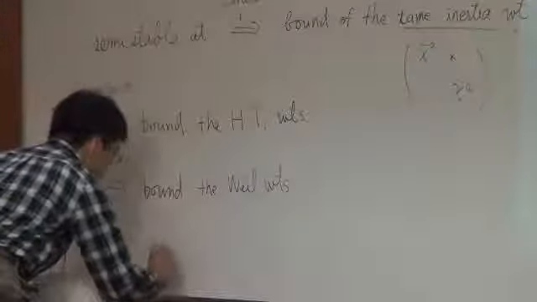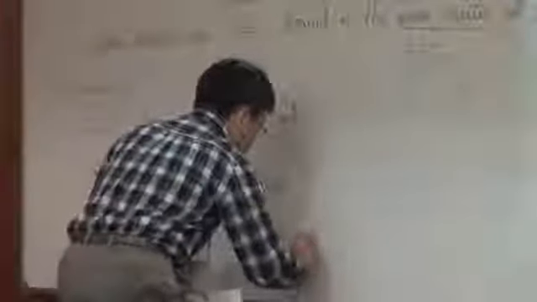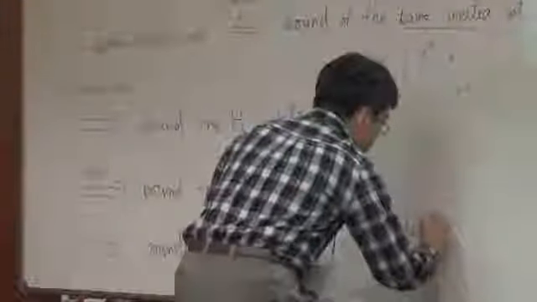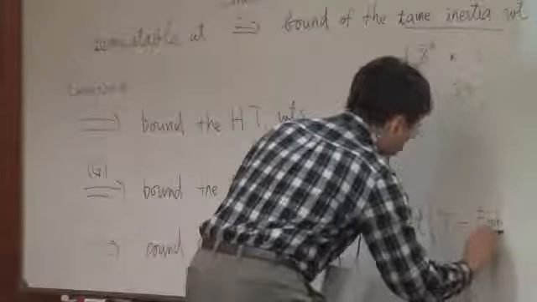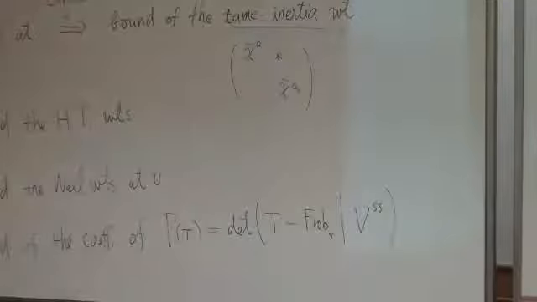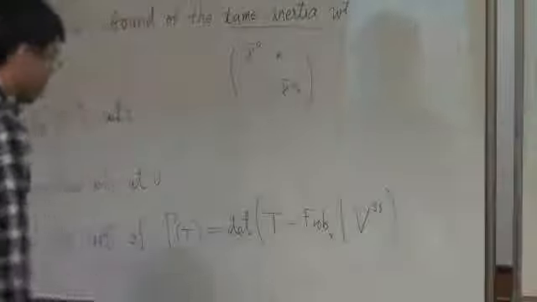Then we get the bound of the coefficients of the characteristic polynomial of Frobenius at v. So this equality connects the two different places, v and u.